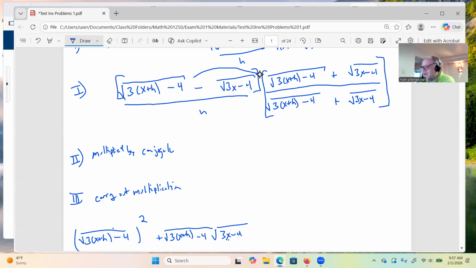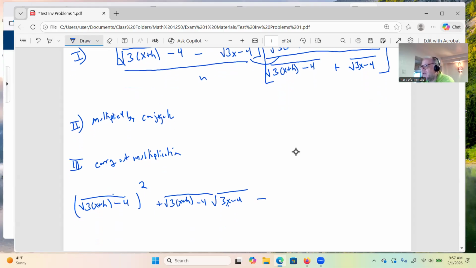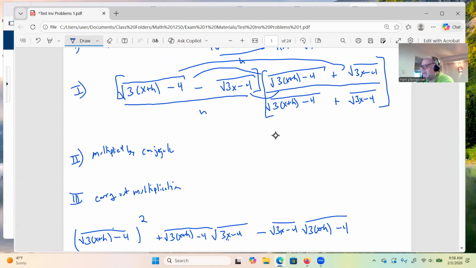We can't really simplify, so we're kind of stuck. Now we'll get our inners. So we did these parts. Now we have to do this inside pair here. So we have a minus the square root of 3x minus 4 times the square root of 3x plus h, quantity minus 4. Okay, so we could do that. And then finally, we do our last, which is this piece over here.